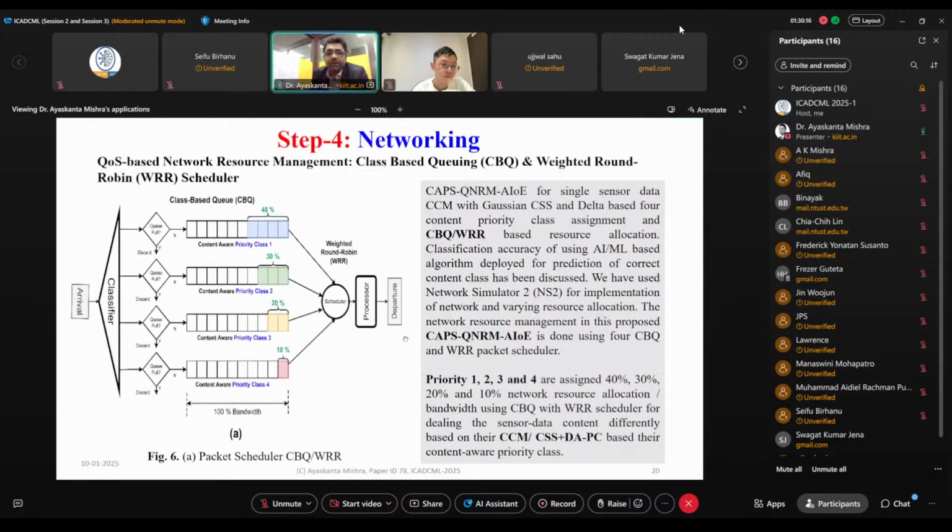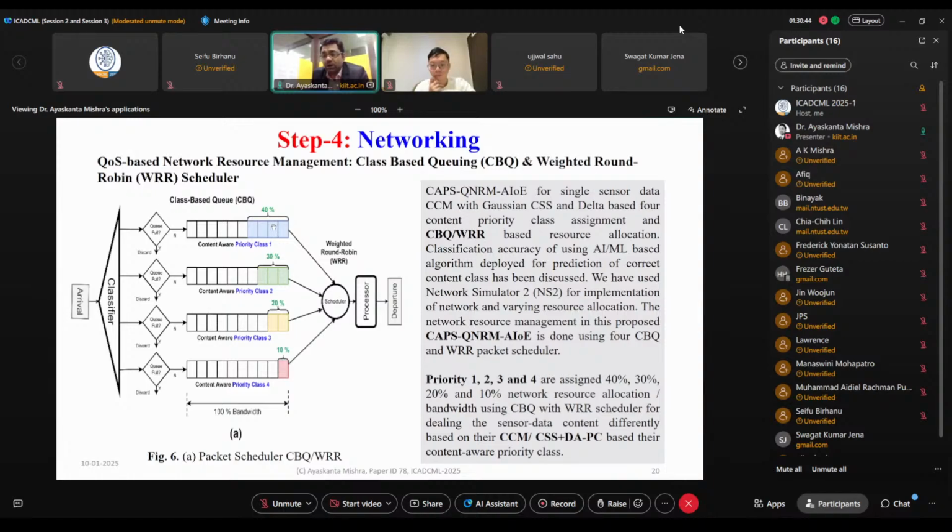Then coming to the fourth and last step, here we are dealing with the networking part. We have got some intelligence or inference from the sensor data. Now we have to deploy the network based on the significance of the content. Here we are using a class-based queuing mechanism. The highest priority data will pass to the first FIFO, first in first out buffer. We have 4 different classes.